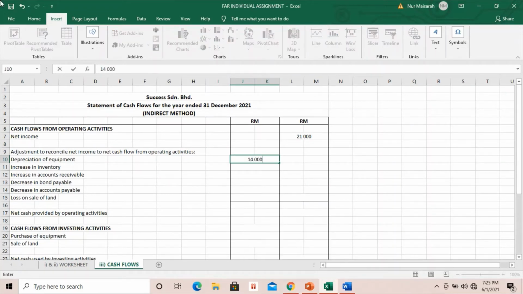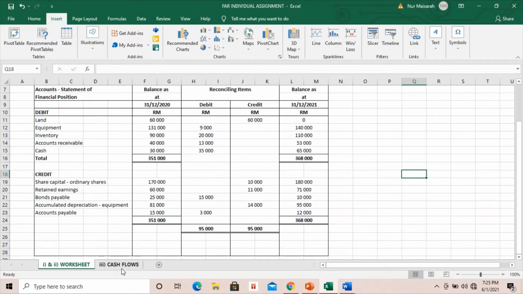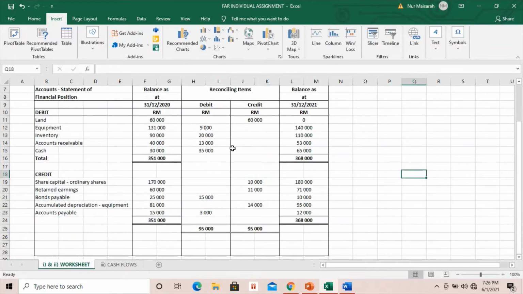And then also include the increase in inventory. For the increase in inventory, we must deduct the amount, which is 20,000. And then also include the increase in accounts receivable. The amount also we must deduct. The amount is 13,000.